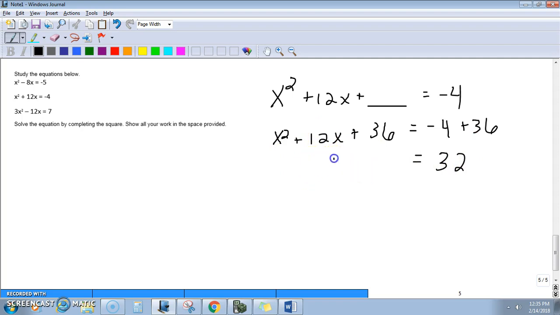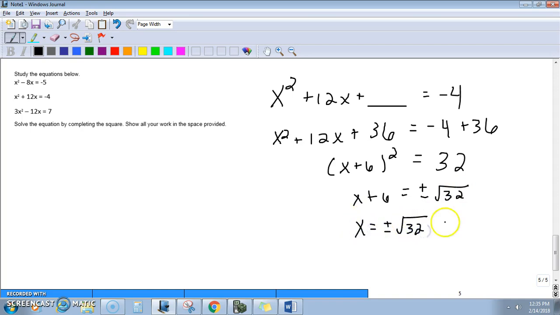And then my perfect square over here is half of 12 was +6 squared. Take the square root of both sides, and I get x plus 6 is equal to plus or minus the square root of 32. And x is equal to plus or minus the square root of 32 minus 6. We've got to subtract that 6 from both sides.